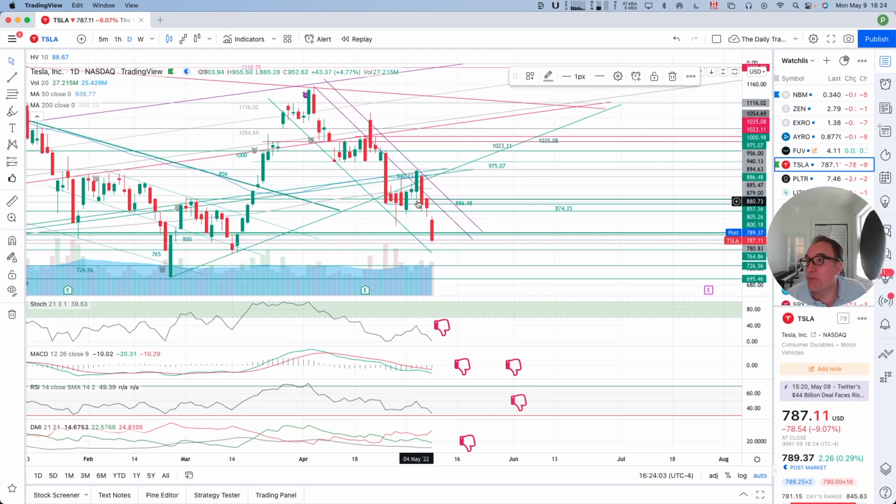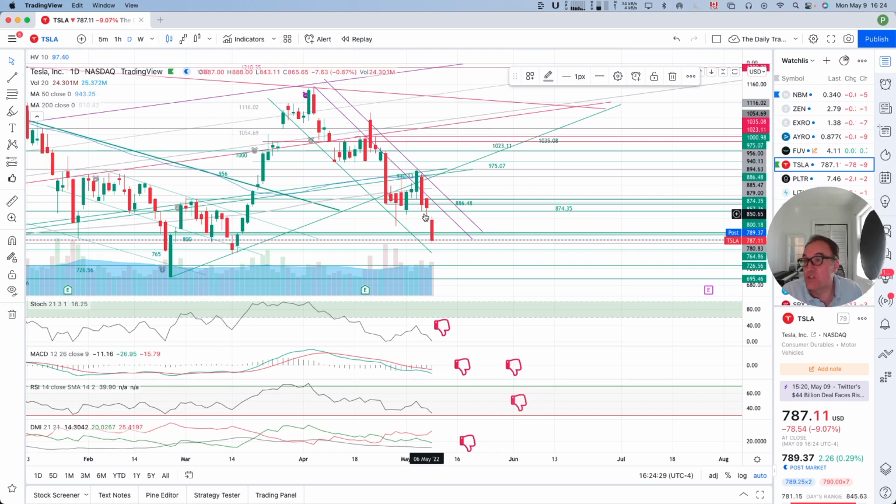We had the pullback here, but the pullback never broke outside of this double resistance channel, and then never went above stochastic above 60. This is one of our criteria that we are using here. It did not work, and then it came back down.